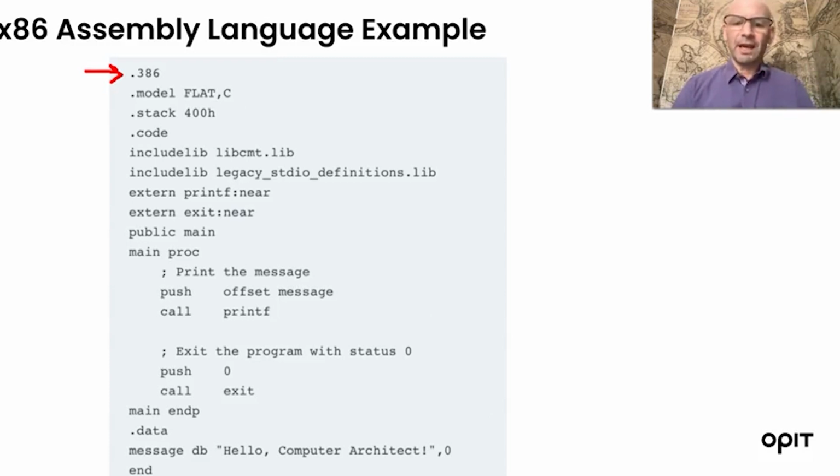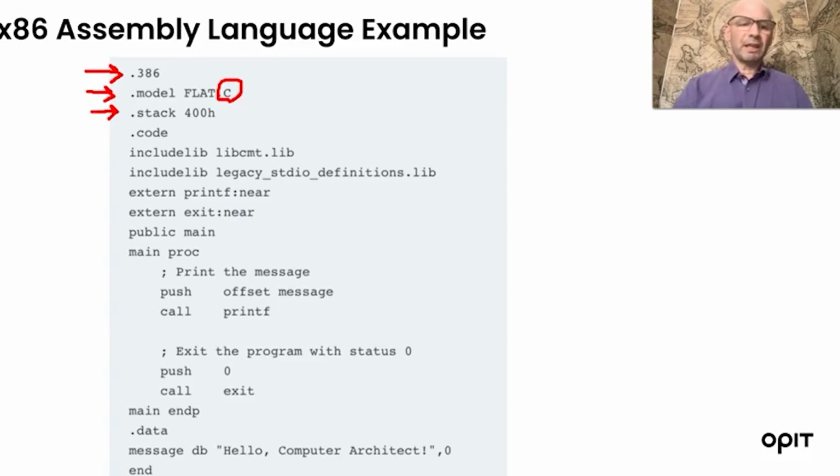The second line, this directive specifies a 32-bit flat model and the use of C language function calling conventions. Okay. The next line specifies a stack size of 400, and the H means hex, right? So that equates to 1,024 bytes. Okay, so that's how big our stack is.